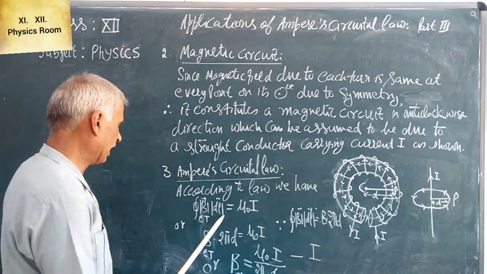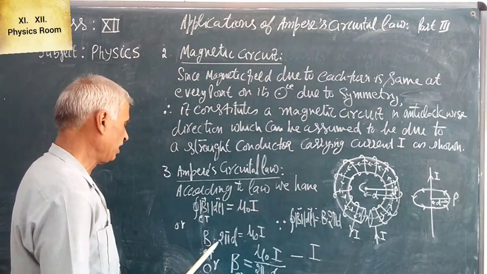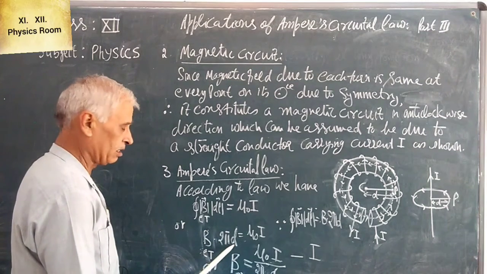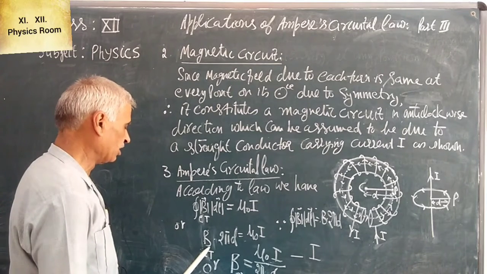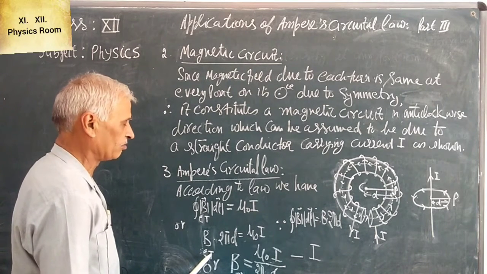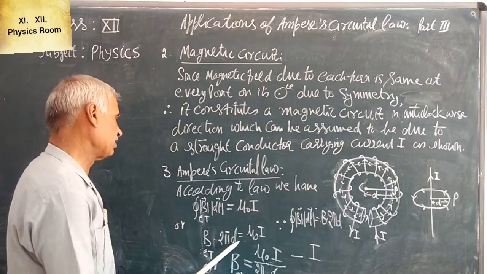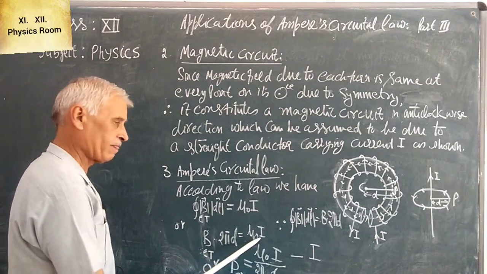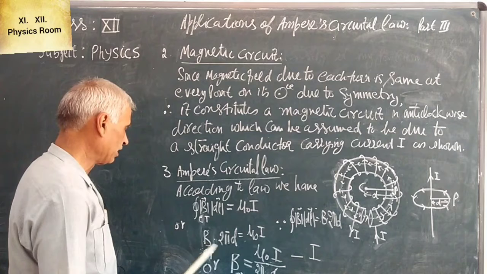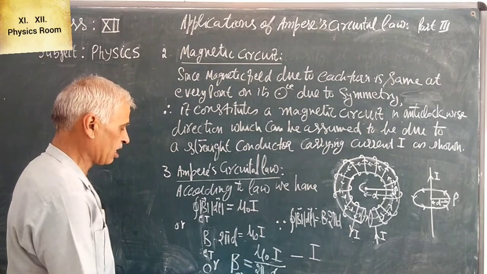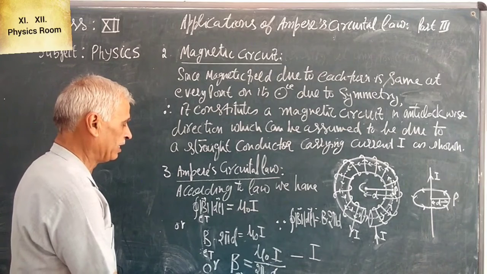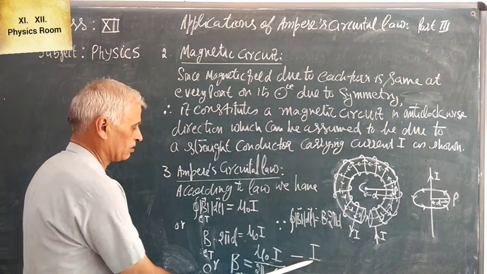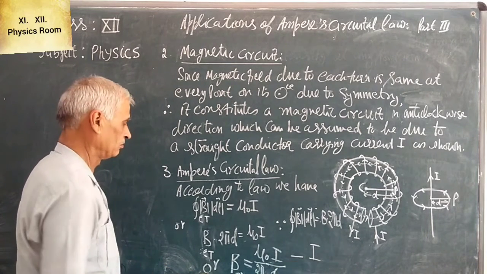Or we replace this expression by B into 2 pi d. Each turn. ET means each turn. This field is due to each turn of the toroidal solenoid, and it is equal to mu 0 I as it is. Or from here we calculate B. B each turn is equal to mu 0 over 2 pi, I by d. Mark it as equation 1.